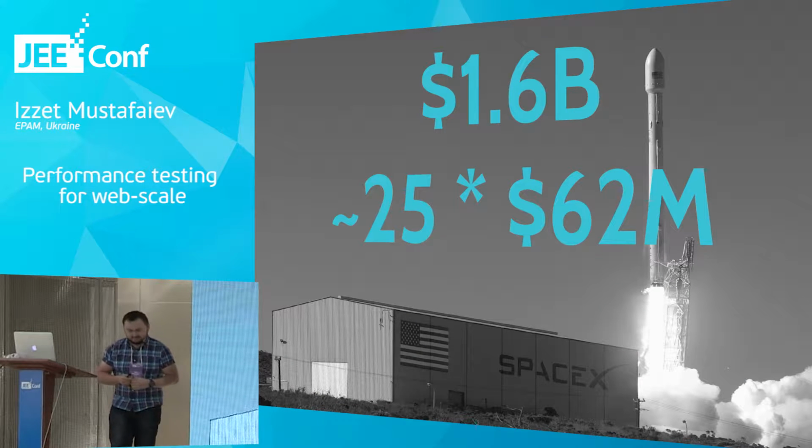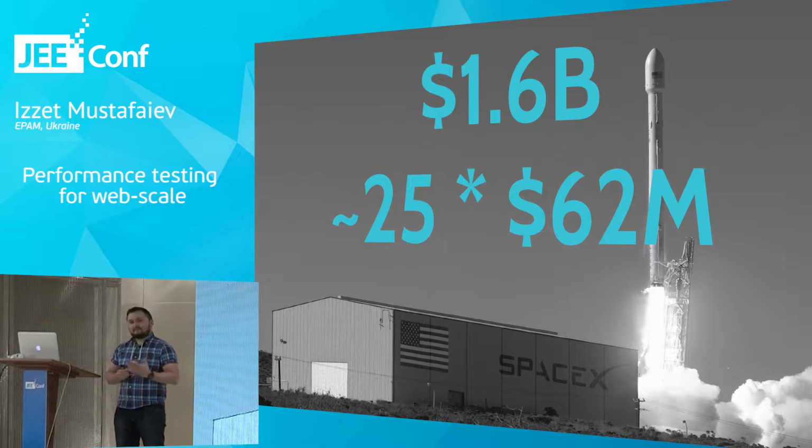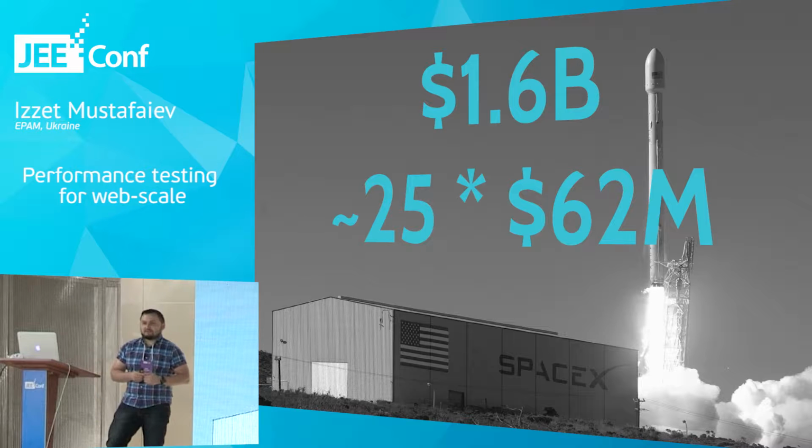If those numbers are not really motivating for you, I have another one, the language of money. Amazon calculated that if their page load increases by just 1 second, they will lose about $1.6 billion a year in sales. If you compare it, for example, you know SpaceX, right?